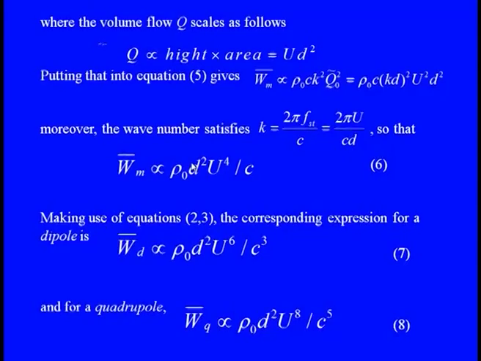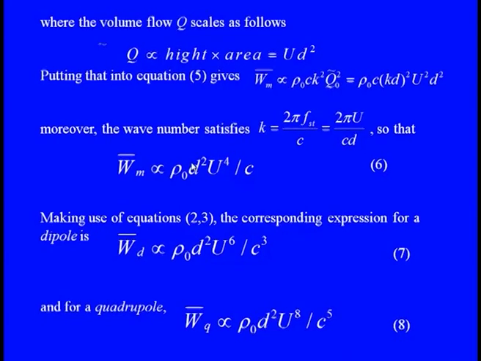So you see how this monopole source depends on the velocity. It is the fourth order of velocity, so it is highly sensitive to that. If we put this equation for the dipole, it is rho 0 d square u to the power 6, divided by c cube.